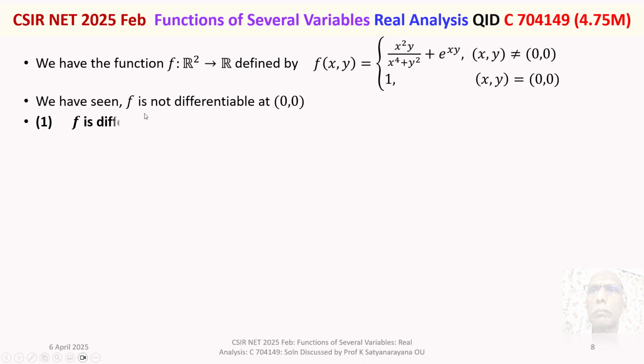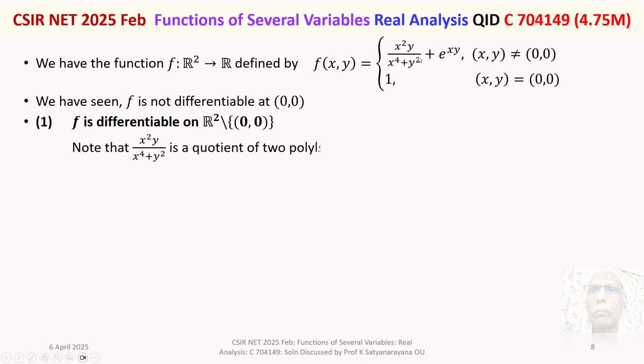We have already seen f is not differentiable at 0, 0. Now we consider option 1, f is differentiable on whole of R square except at the origin. Note that the function f of x y is the sum of two functions. The first function you consider is x square y by x to the power of 4 plus y square. It is a quotient of two polynomials, and you know the polynomials are differentiable everywhere, but this is a quotient of two polynomials.